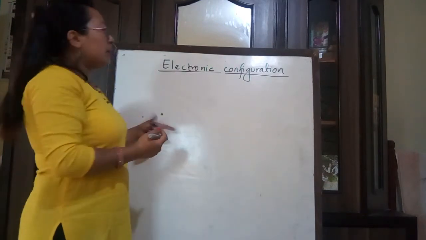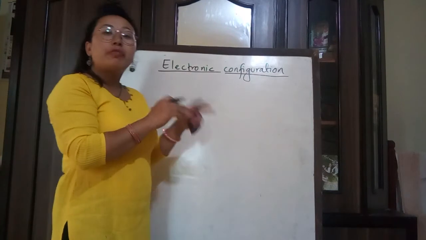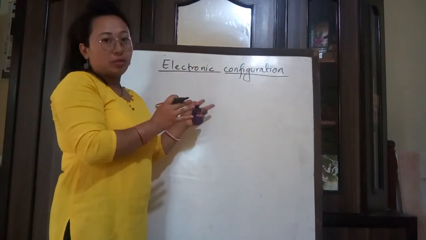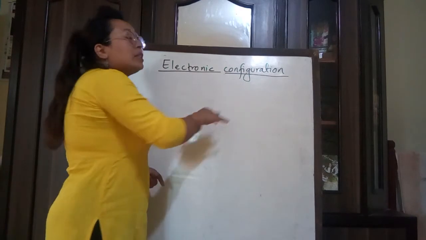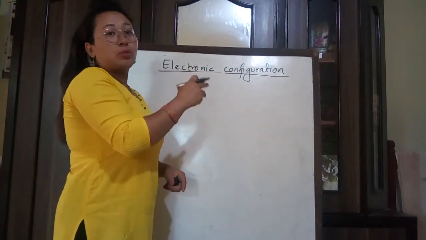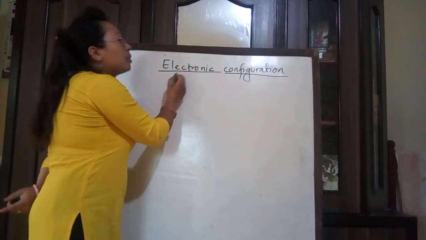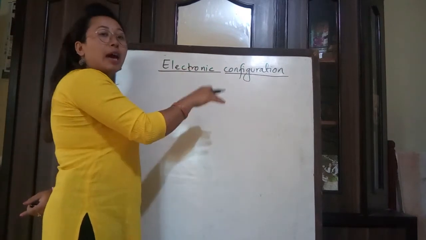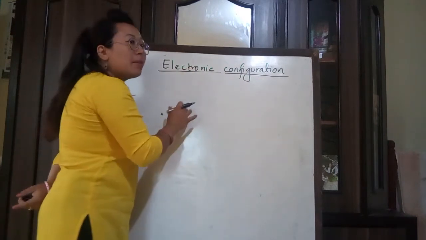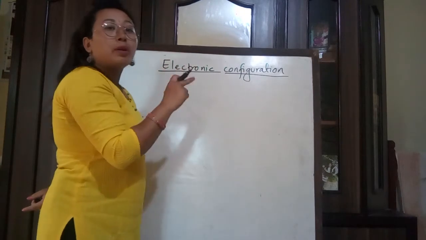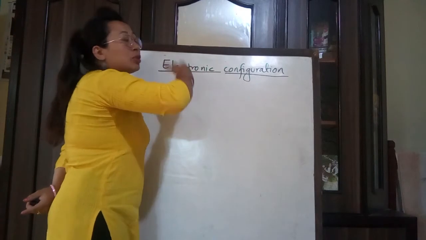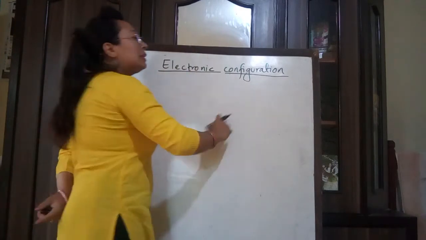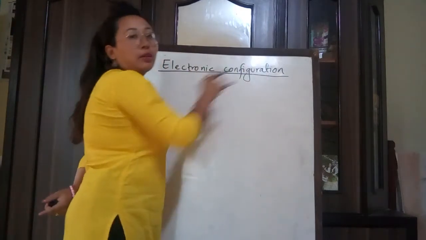Any one atom has different shells, different orbits, that we can also say orbit. As we already know, the number of electrons present in that atom is according to its atomic number, so we know the number of electrons as well. Electronic configuration is the distribution of those same electrons in the different orbits of that atom.